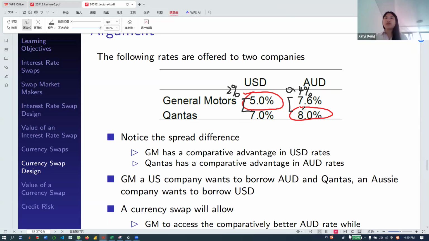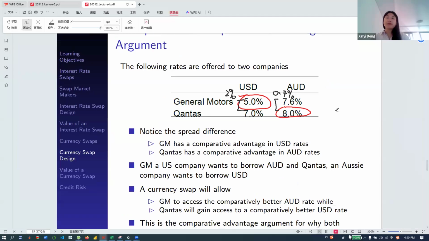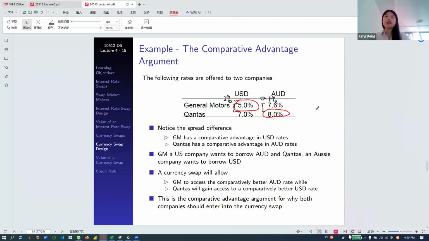So instead of the currencies where they have a comparative advantage, they actually prefer the currency where they don't. So here a swap will benefit them, and will make their cost of borrowing cheaper.